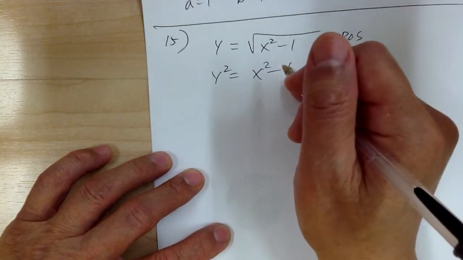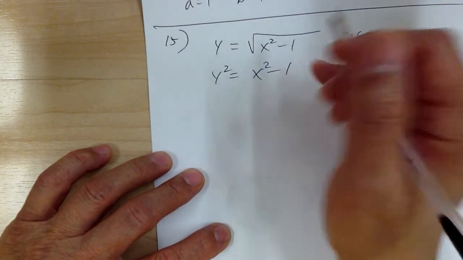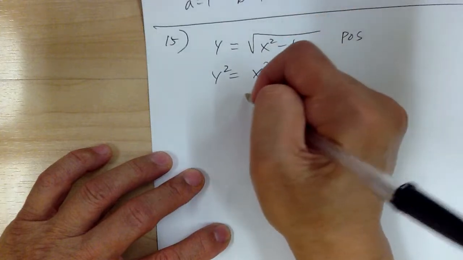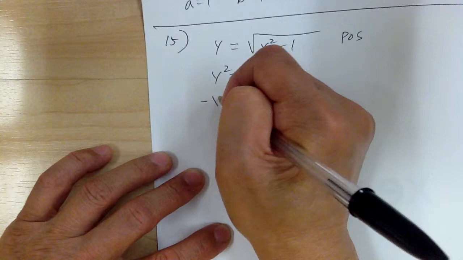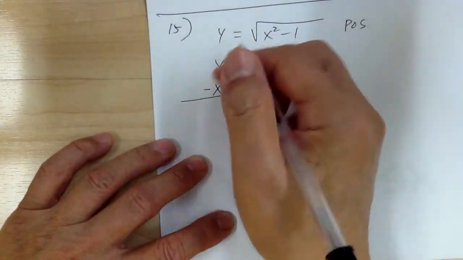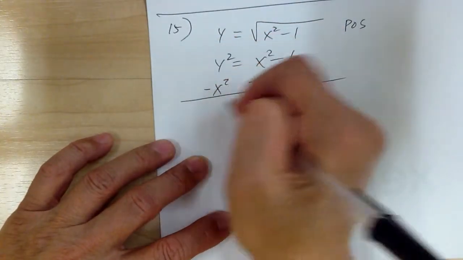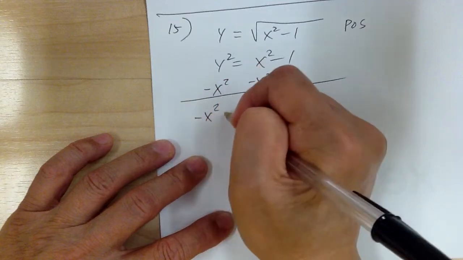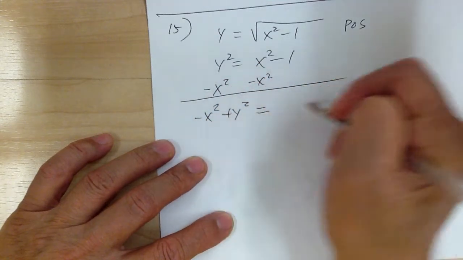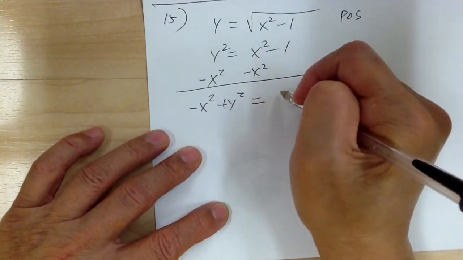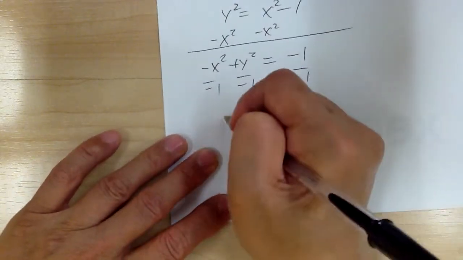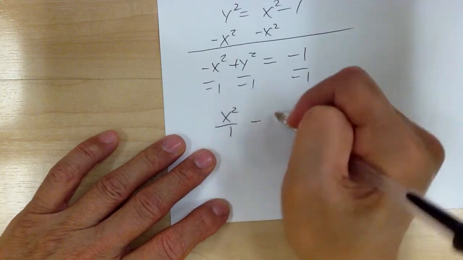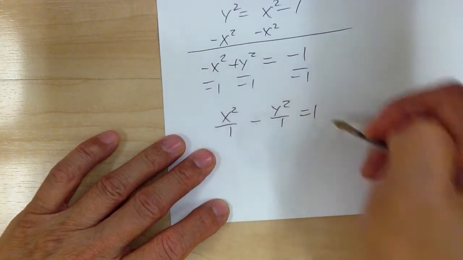So square this side, and then after that go ahead and minus y squared on both sides, minus x squared on both sides, and so you got, I'm going to put negative first. Okay, and you have to divide by negative 1. So you're going to get x squared over 1 minus y squared over 1 equal to 1.